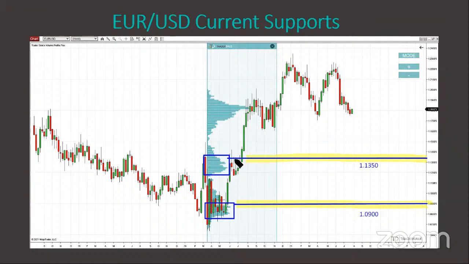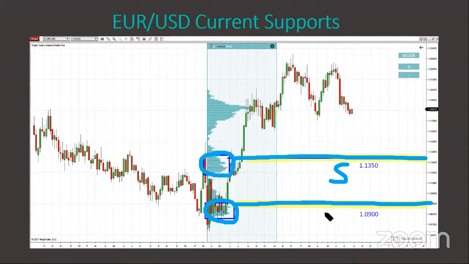So the first one in here, those heavy volumes, is the first strong support. The second strong support is in here. That's support number 2. Now, if you want to build up your portfolio and invest in the euro, what you want to do is split your position.